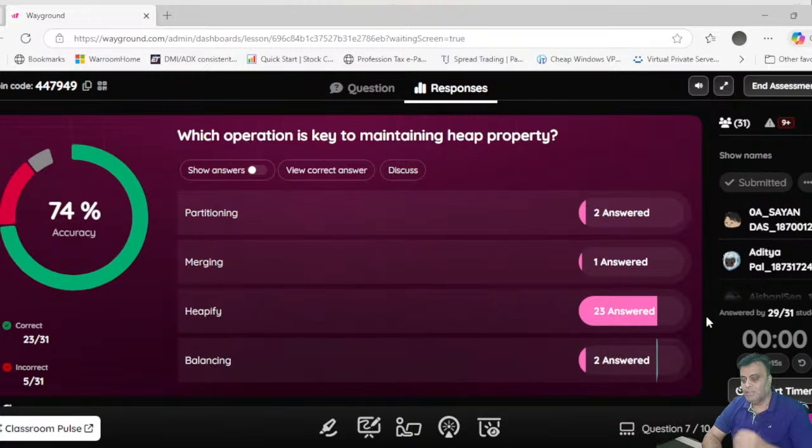Yes, heapify, and I'm sure the others might be a typo or something, but heapify is the process to maintain a heap. The swapping that we were doing, that is heapify.